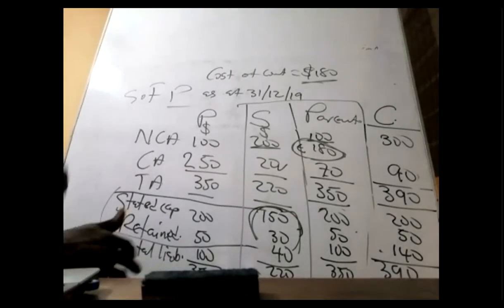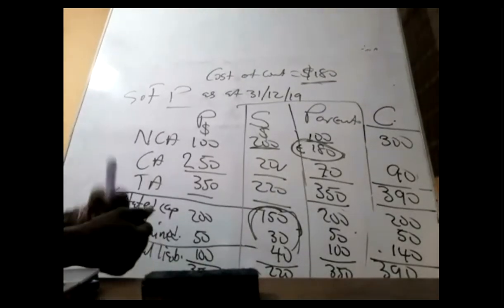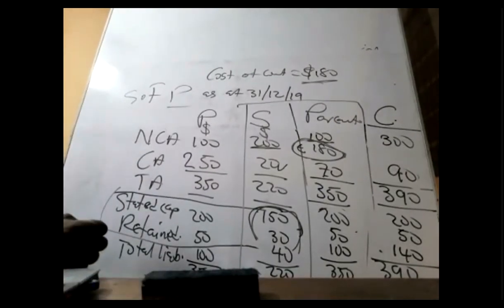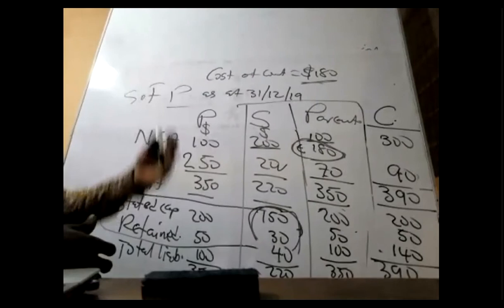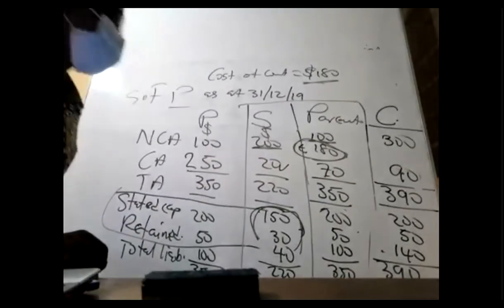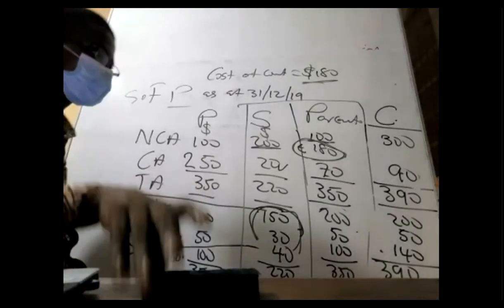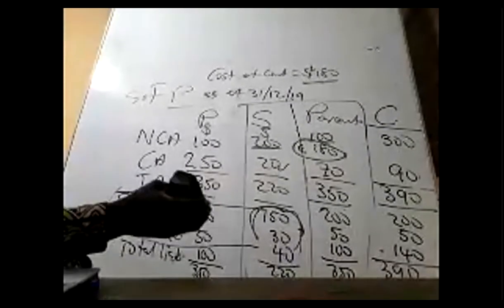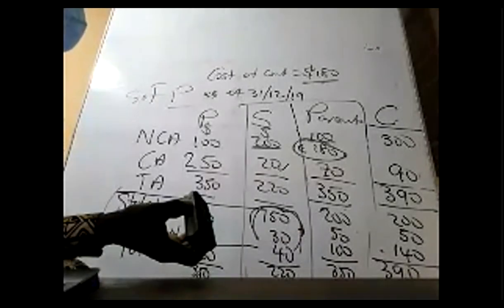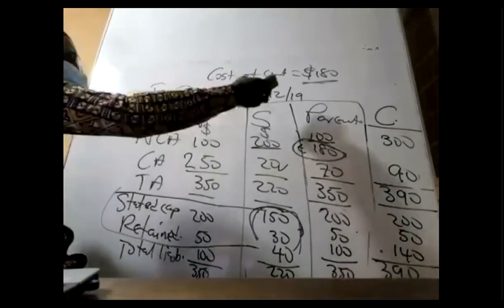That one is a bit complicated because there will be two streams of what? Interest. The one coming from the parent and the one coming from the other people. So let's see. Still, let's maintain this.